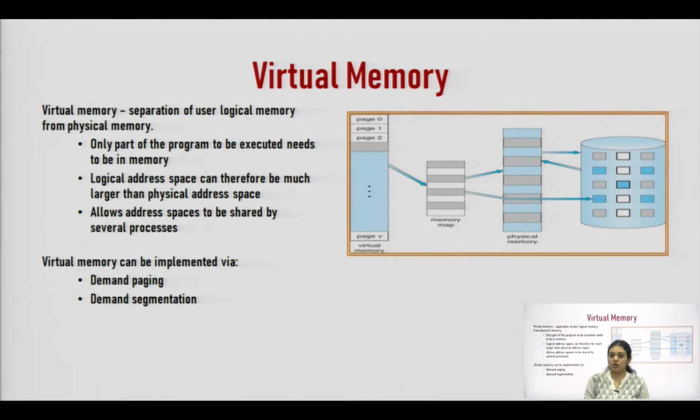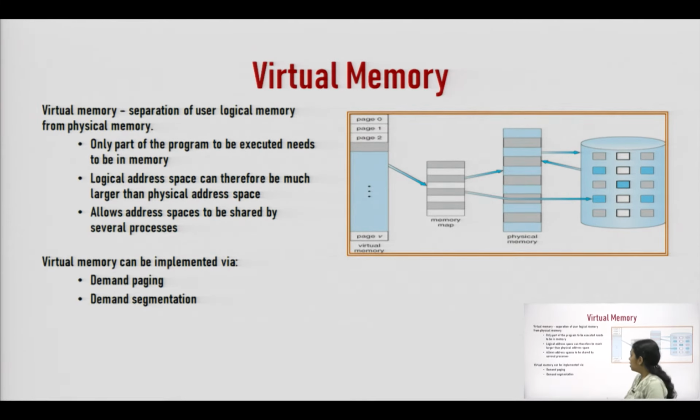The concept of virtual memory allows a large number of processes to be in the main memory at the same time. For this, we bring only the required module of a particular process into the physical memory. The rest is in the virtual memory.